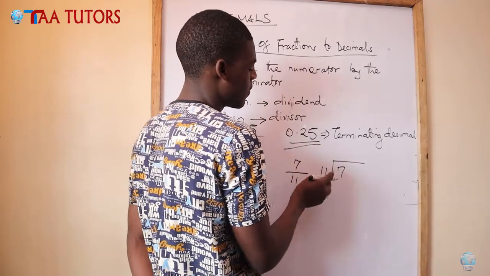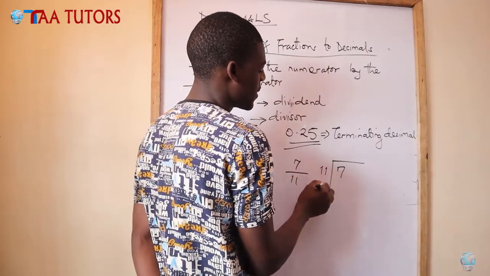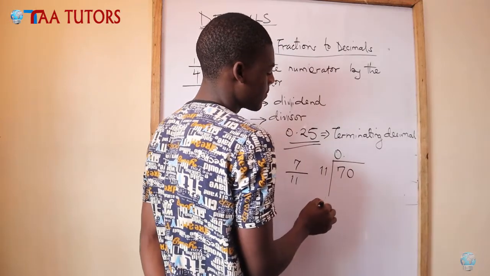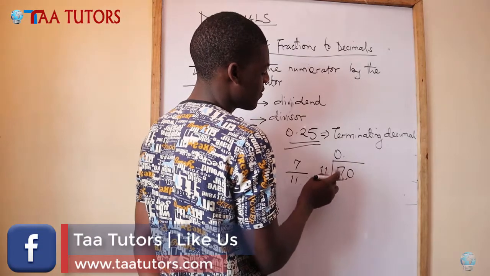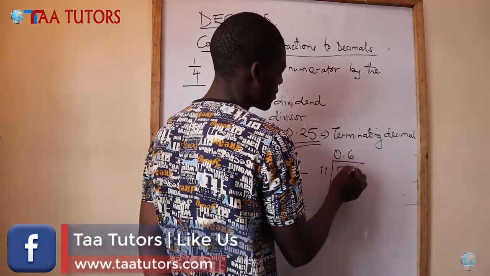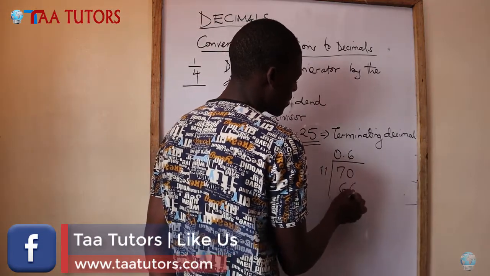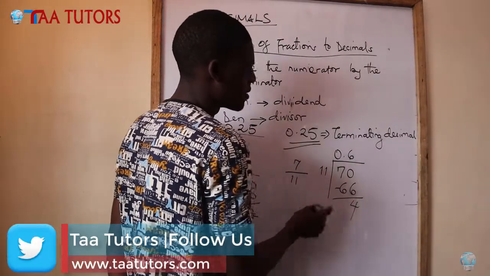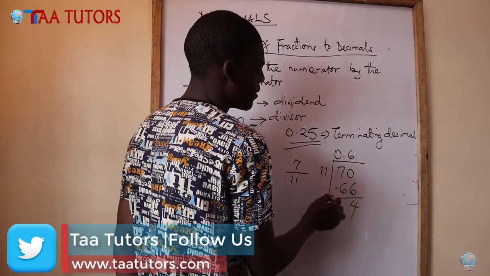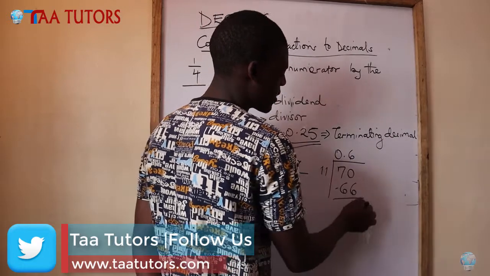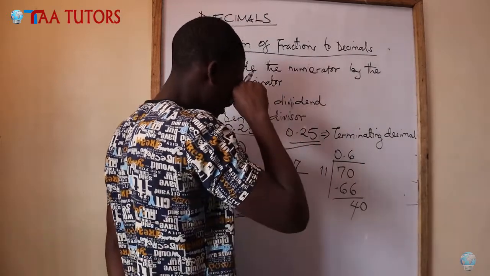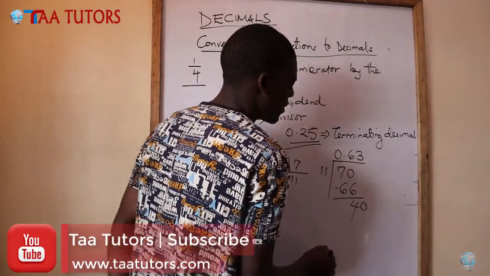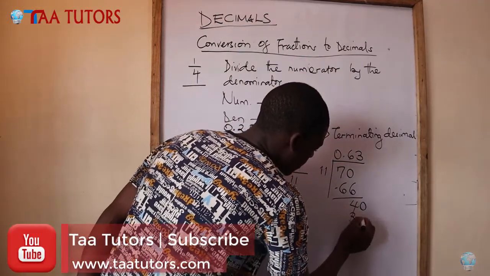So when we do this, we will find 0 point, then we add there 11 into 70, that is 6, giving us 66. The difference there is 4, but we have a decimal point there, so we add 0 to make it 40. Then 11 into 40 is 3, that is 33.